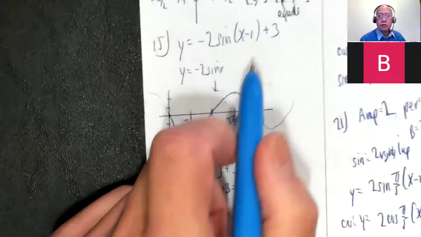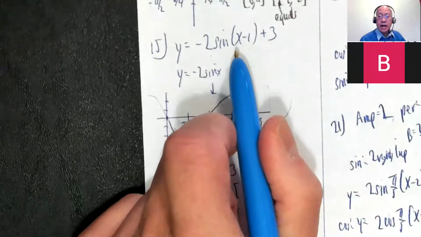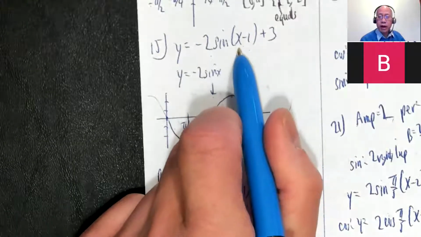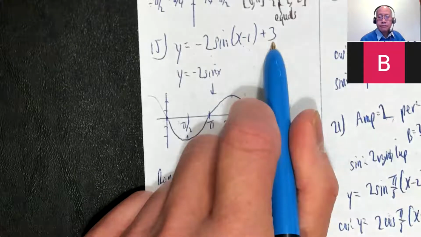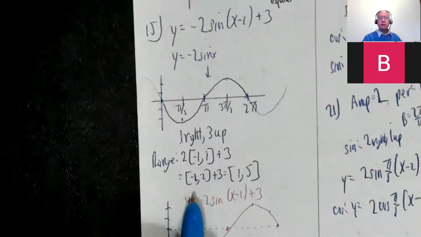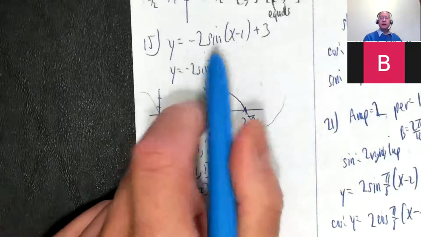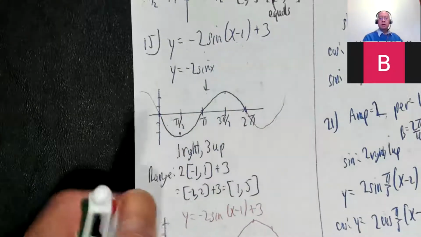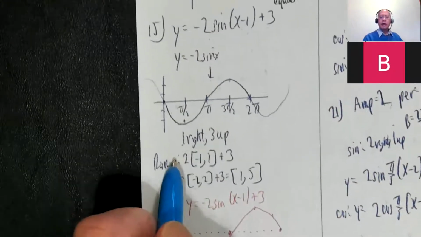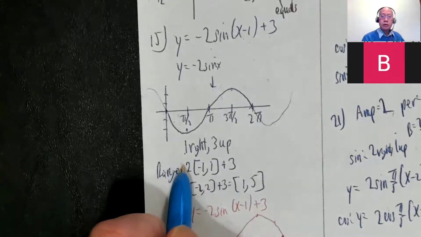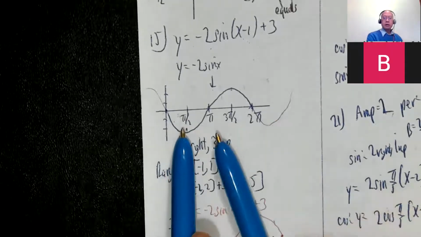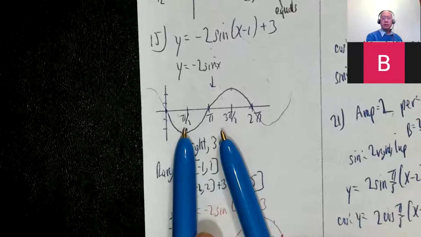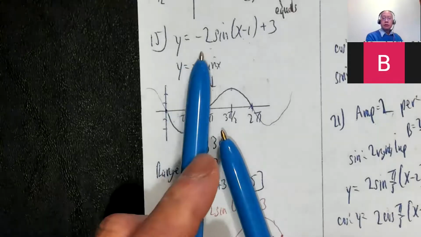But now we know that this means 1 to the right, 3 up. The period is still 2 pi. There's no coefficient here. So how do I get my new range? So here's the range. Regular sine or cosine is between negative 1 and 1. Then I multiply by the amplitude.